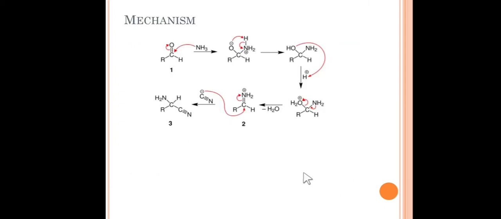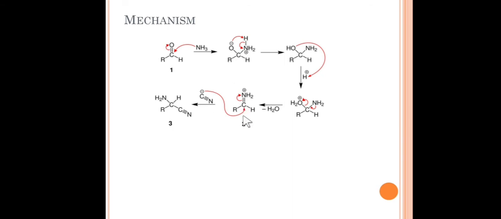So let's see the mechanism of this Strecker amino acid synthesis. As you know, when ammonia reacts with an aldehyde, there is a formation of imine by loss of water. That imine is attacked by CN minus, as CN minus is a good nucleophile.